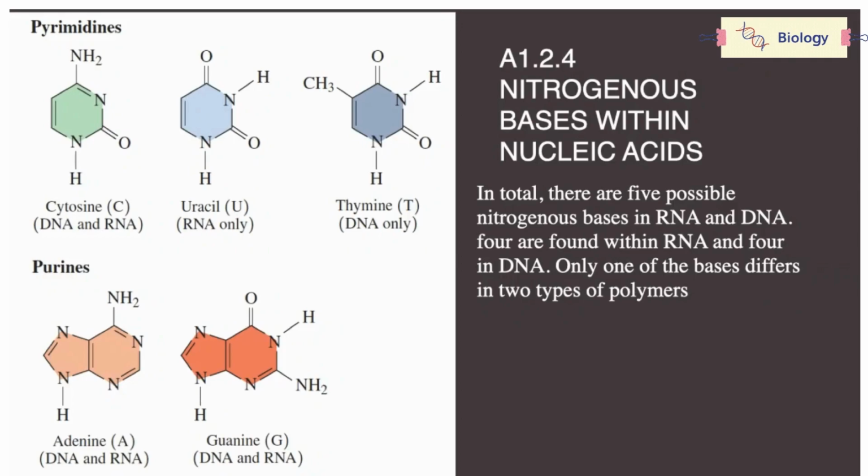For example, both polymers contain adenine, cytosine, and guanine. The only different nitrogenous base is thymine for DNA and uracil for RNA. So instead of thymine in RNA, there is uracil, and instead of uracil in DNA, there is thymine.